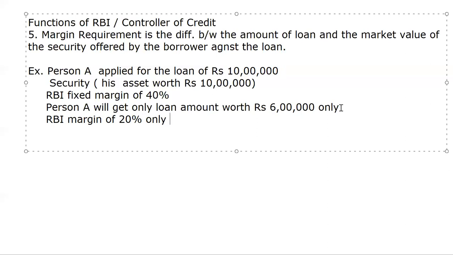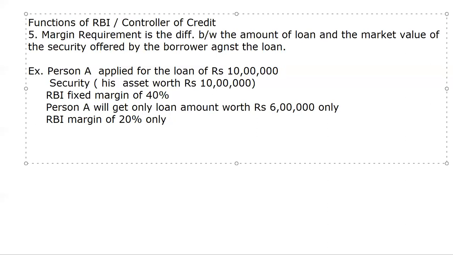Then person A will get a loan amount worth rupees 8 lakh against his application for rupees 10 lakh. Got it? Again, you could see the same condition.